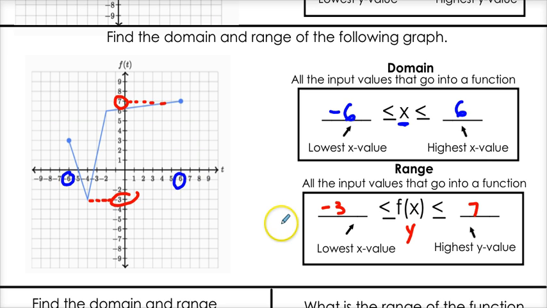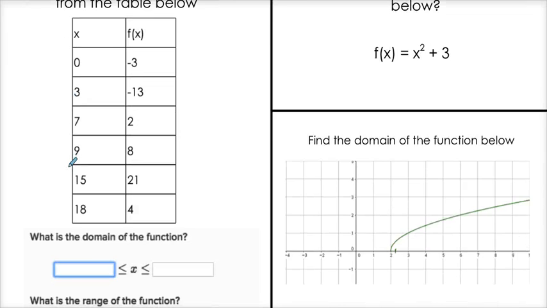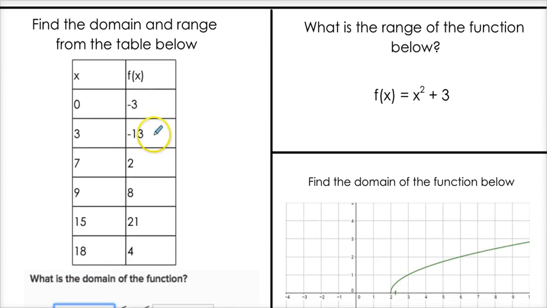Now you should be used to it at this point. There are 3 ways that we look at functions. We look at it from a graph, from a table, and from an equation. Let's try it from a table. So what is the domain and range of this? Remember, to find the domain, we're going to find the lowest x value.